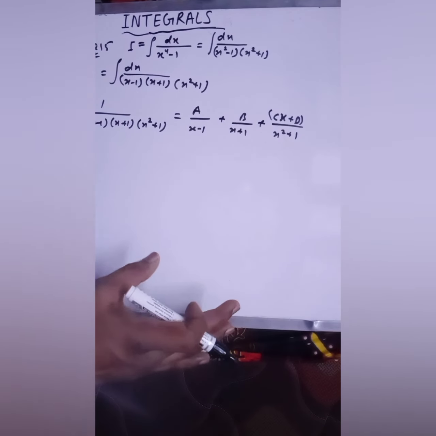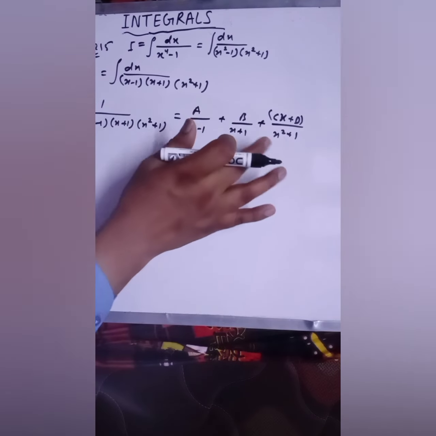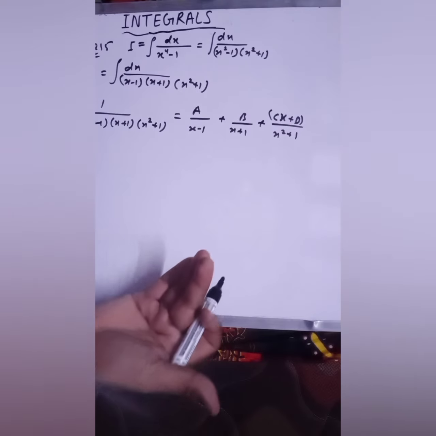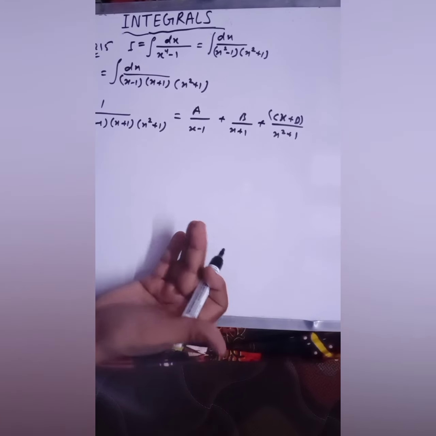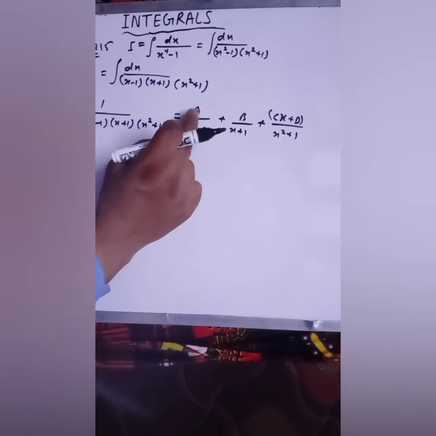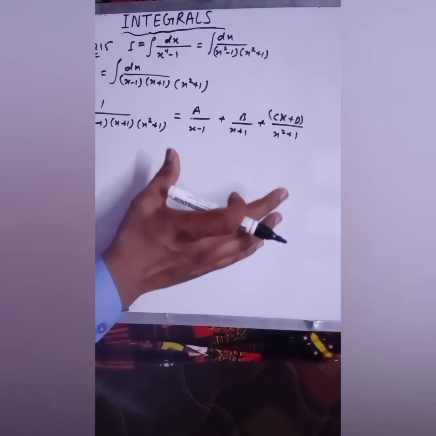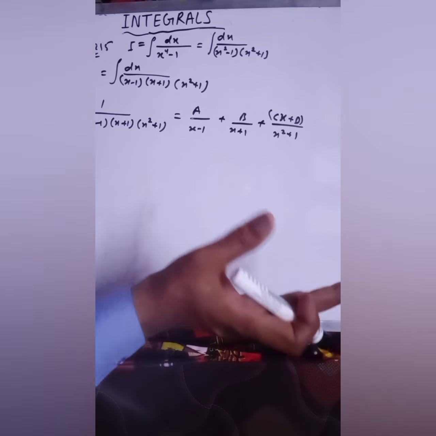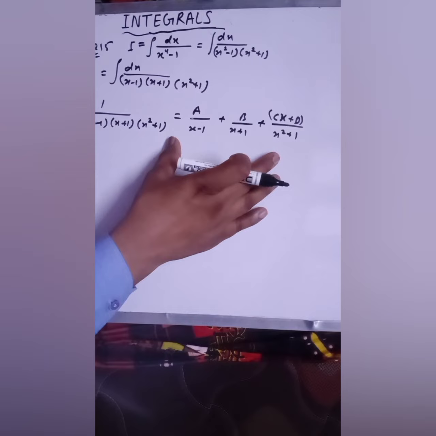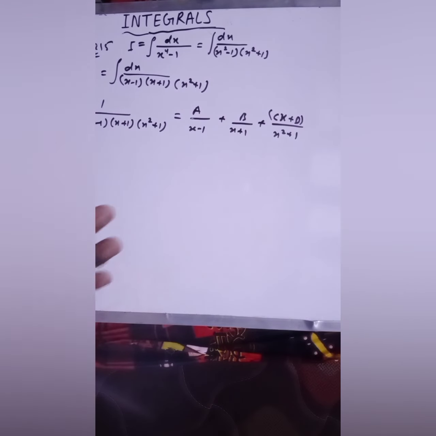Got it? So you have to take the LCM, compare the values, the coefficients of x square, x cube, whatever you are getting, and find out the values of a, b, c and d. So whenever you get the values of a, b and c, you have to put them in this equation and just integrate as we did in the previous question.